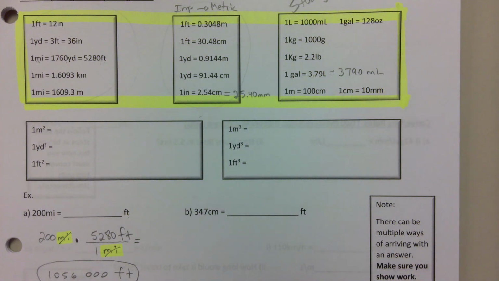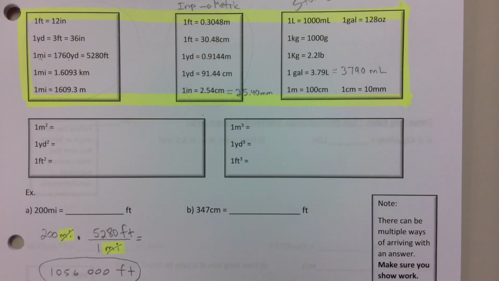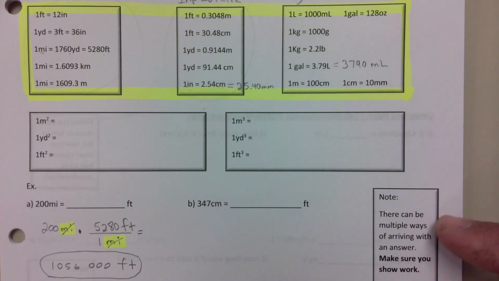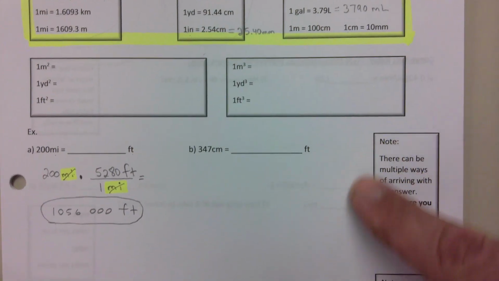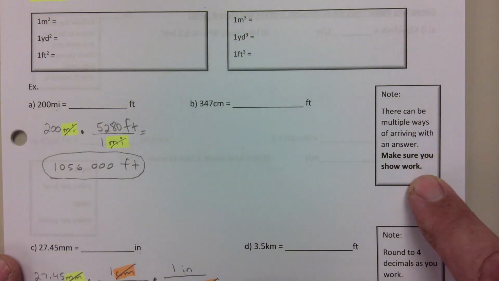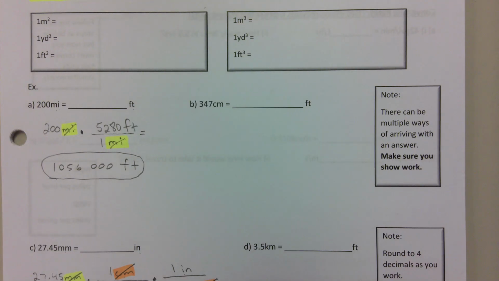Okay, so maybe just add this to your work. And I do say there are multiple ways of arriving at your answer here, but just make sure you show your work. I know some of you have had different teachers in the past and they showed it to you differently. I'm okay with that. It doesn't have to be done exactly the way I showed you. Just show your work and I will figure it out, okay?